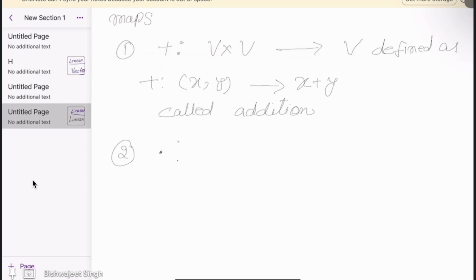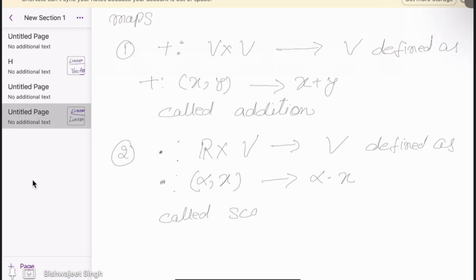It will be defined from R cross V to V, defined as dot of alpha comma x is nothing but alpha dot x, and this is called scalar multiplication, right?